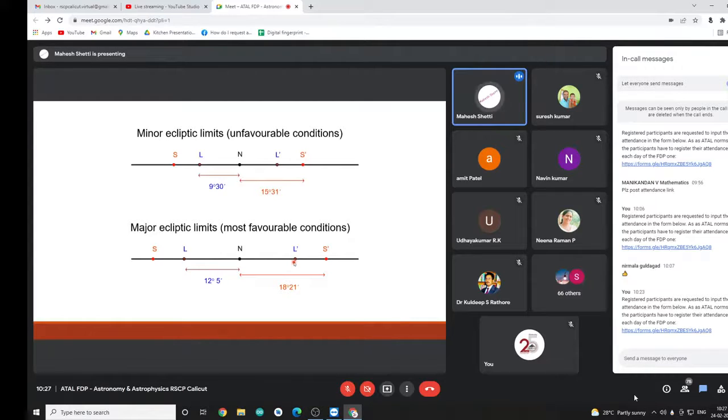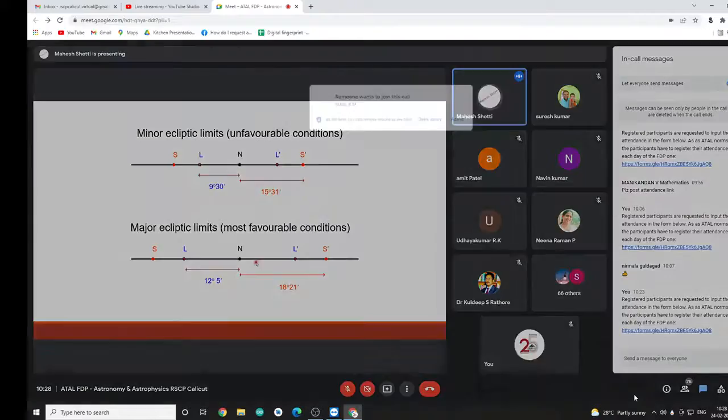Because the full moon might have happened just before the ecliptic limit started for the lunar eclipse, and the next full moon will happen after this. So about the lunar eclipse there is no guarantee. One needs to calculate exactly where the sun is and whether the full moon is close to that.